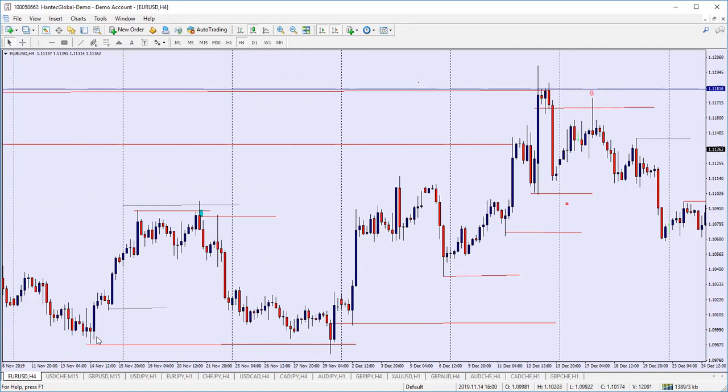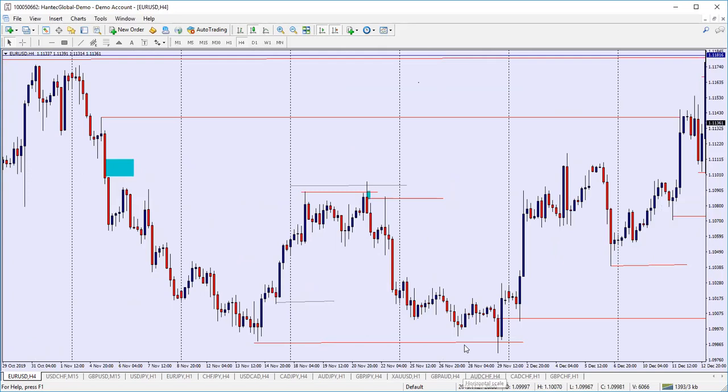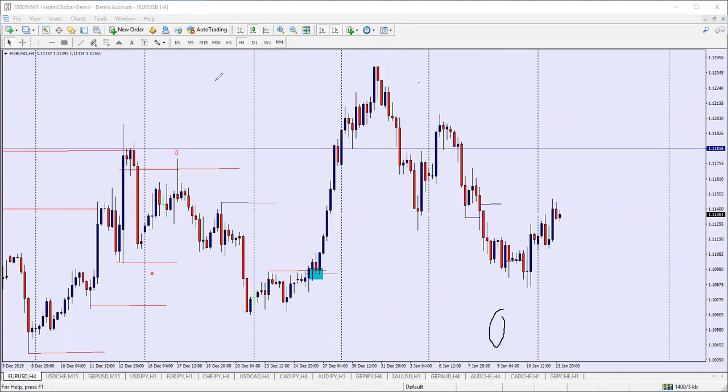This here, right here, is what you're going to call a support level. The market reacted, went all the way up, came back down, but we had one candle right here that was responsible for taking out the price. I'm going to try to zoom this now so to avoid all of this that's going on.